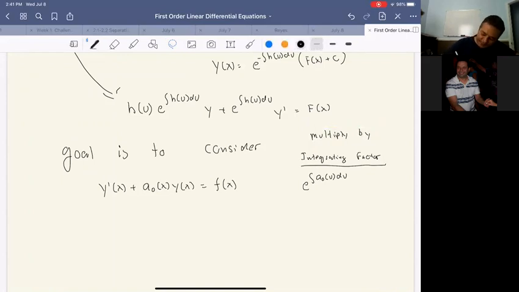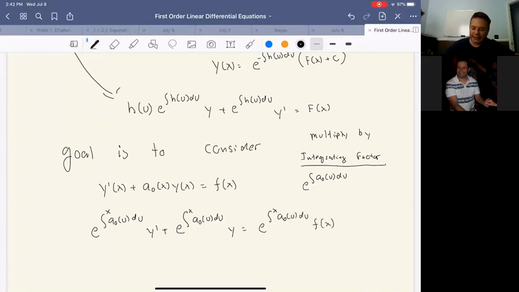So we get e to the integral a0 of u du, and I'm going to put a little x on there to show that we're taking the antiderivative in x, times y prime, plus e to the antiderivative of a0 of u du times y, equals e to the integral in x times f of x. So we multiply the whole equation by this integrating factor.